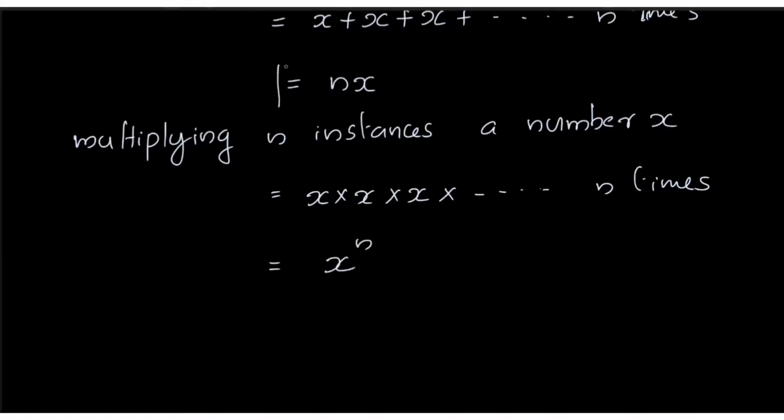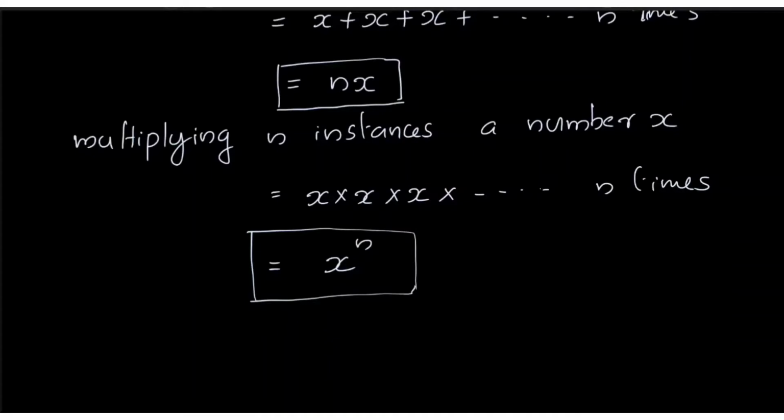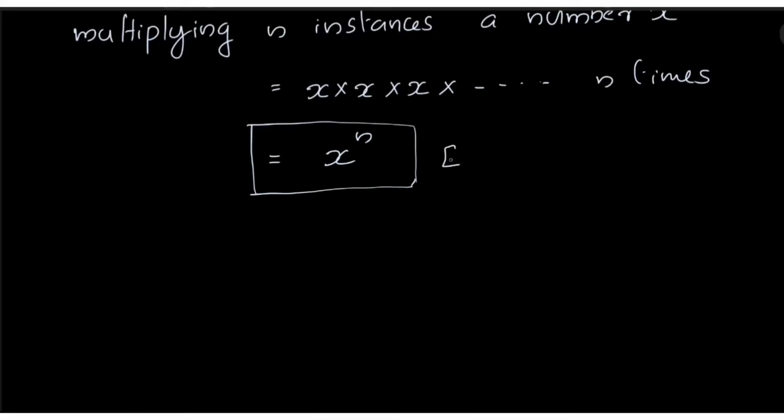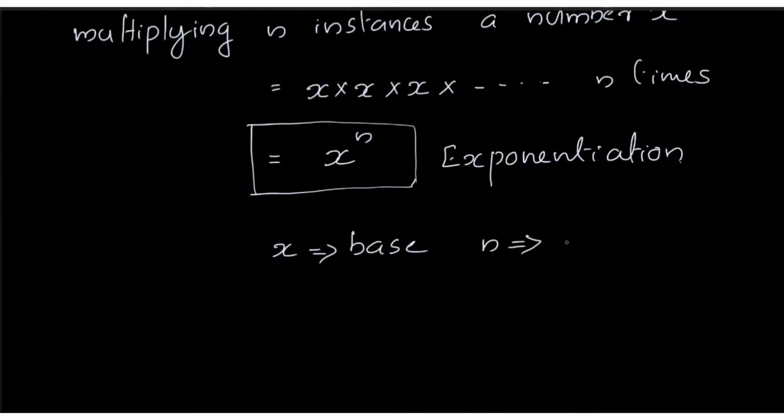Repeated addition is expressed as nx, and repeated multiplication is expressed as exponents, and this is called exponentiation. That is, a number is repeatedly multiplied n times. Here x is called the base and n is the exponent or index. This is the exponential representation.